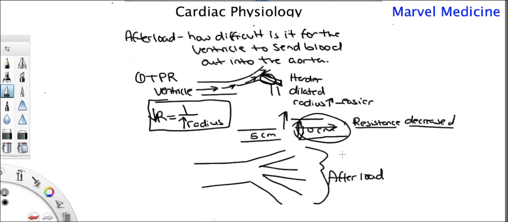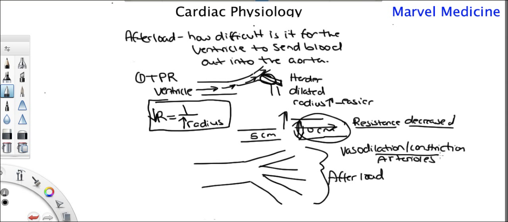In your entire arterial tree, the aorta, the arteries, the arterioles, the capillaries, the venules, all that, which ones are the ones that actually do the vasodilation and vasoconstriction? It's the arterioles.